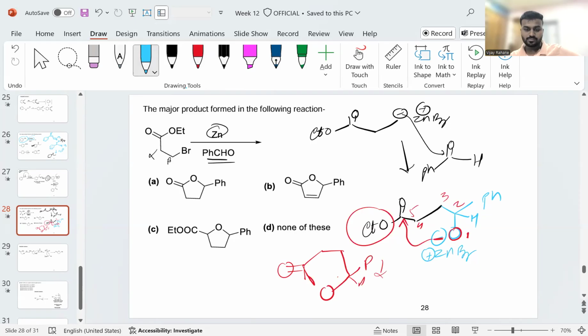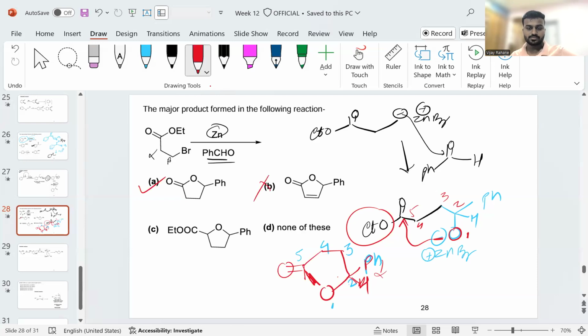This is the oxygen 1, 2, 3 number carbon, 4 number carbon, which is alpha to the carbonyl, and the fifth position is the carbonyl group, right? So this is the product formed in the reaction. So which one is the product? Option A is the correct option here.